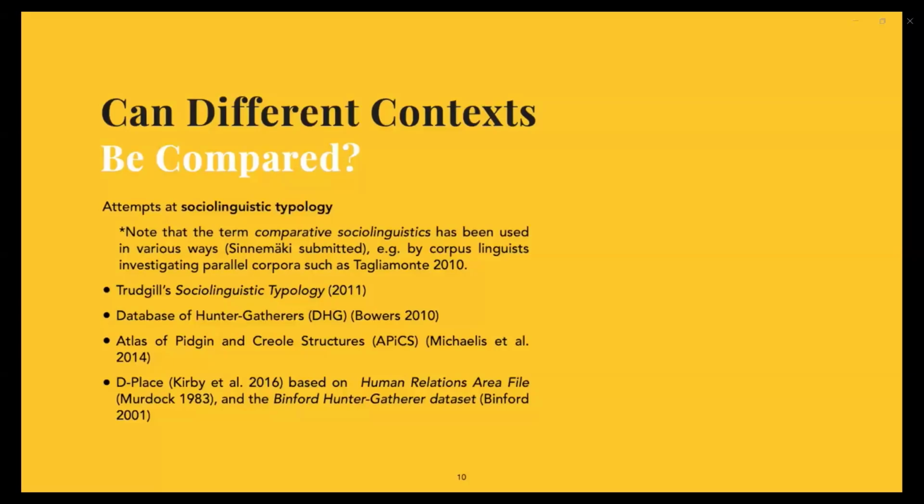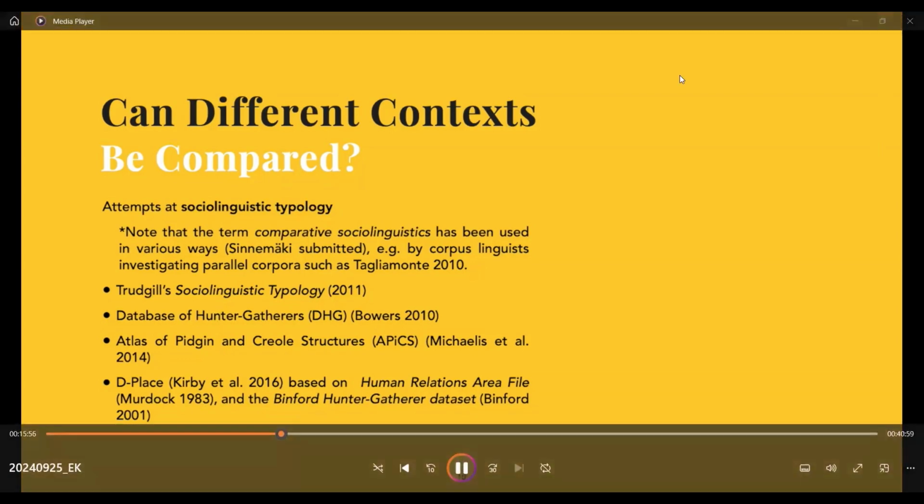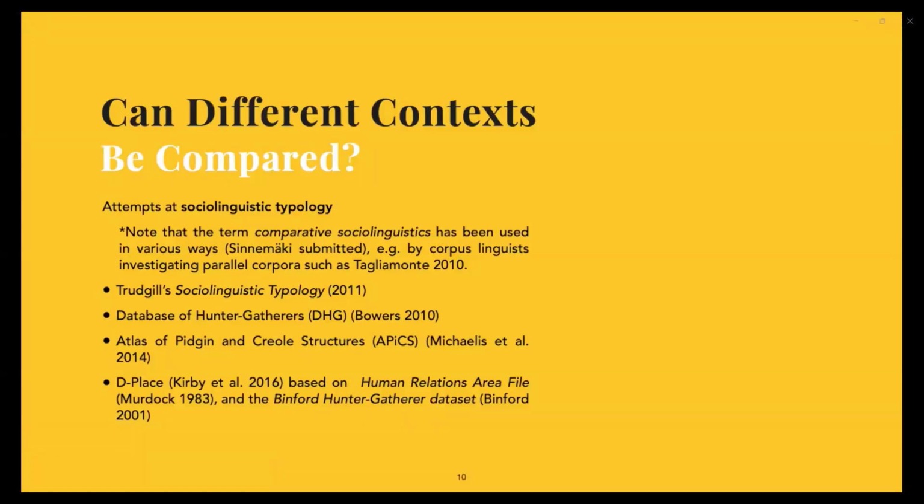We're talking about sociolinguistic typology, which is analogous to Greenbergian linguistic typology, comparing language structures at a very large scale. Peter Trudgill's sociolinguistic typology, published in 2011, was quite influential. We're 14 years on now, and his ideas are still being explored in lots of different kinds of work.